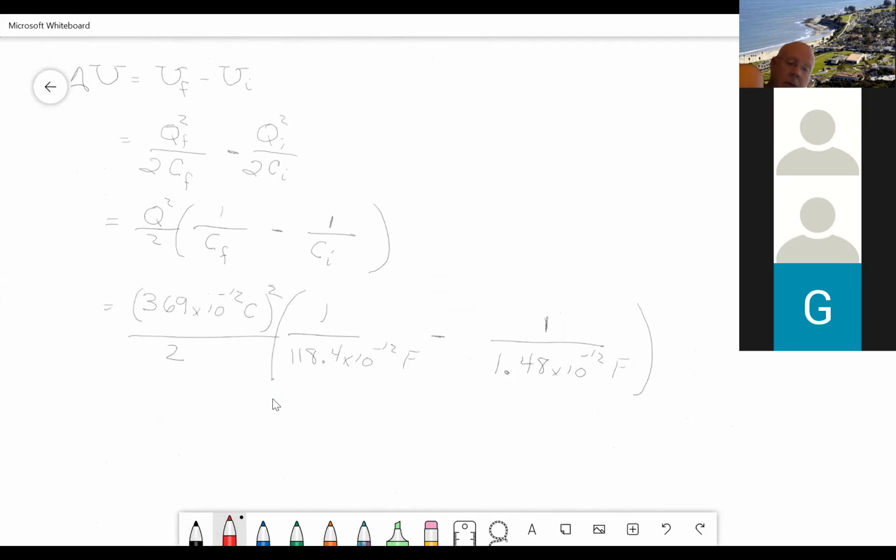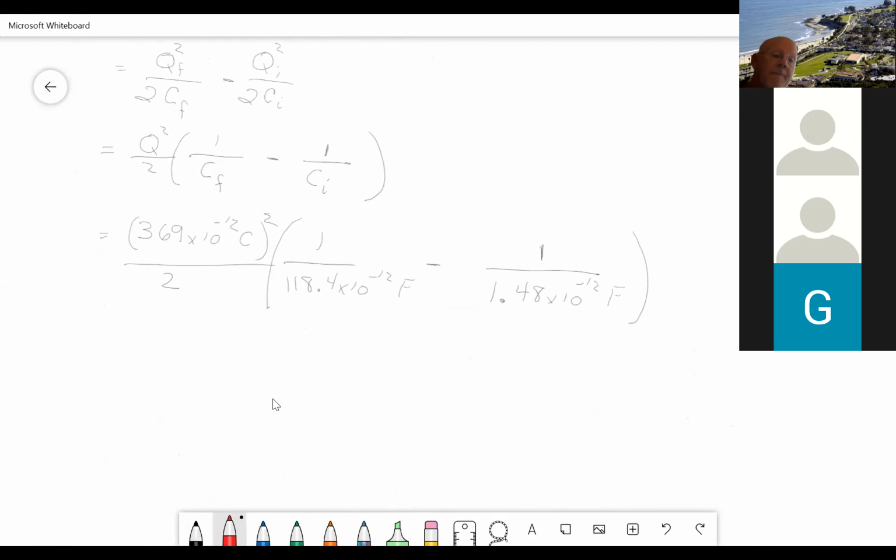Okay, so then equals, and I'm trying to think of the best way to do this on my calculator. Maybe it's just put the numbers in. Yeah.